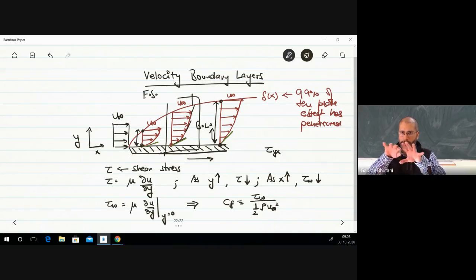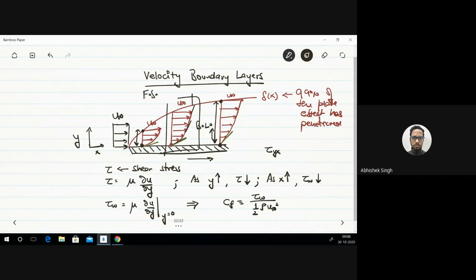If the surface is curved, then these v components will develop. But in boundary layer analysis, even if the surface is curving, we always talk of the component of the flow which is along the direction of the curvature. So we take one component which is always perpendicular to the y line, which is normal to the surface.